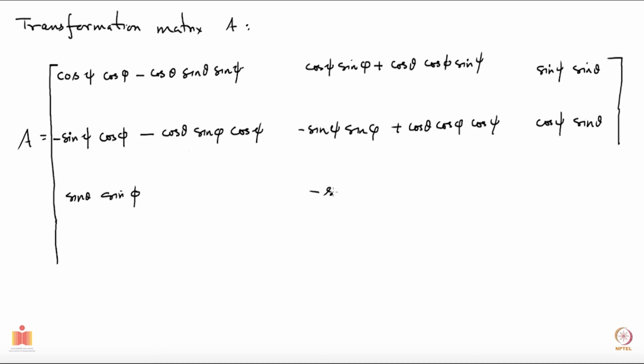Let's write here minus sine of theta, cos of phi. And then the final entry is cos of theta, which will become 1 when theta is 0. So in that limit you will have all the entries to be 1 on the diagonal and all others 0. So which looks at least good from this check.